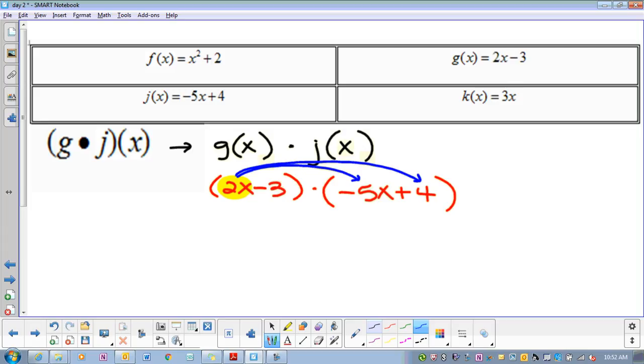Good. 2 times negative 5 is negative 10. X times x gives me x squared. Good. What is 2x times a positive 4? 8x. A positive 8x, so I'm going to put plus 8x.